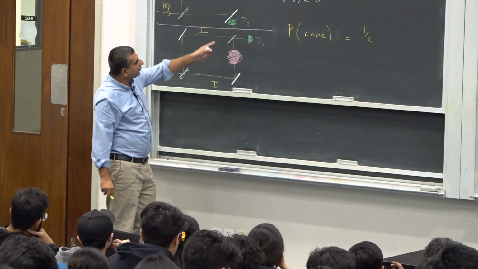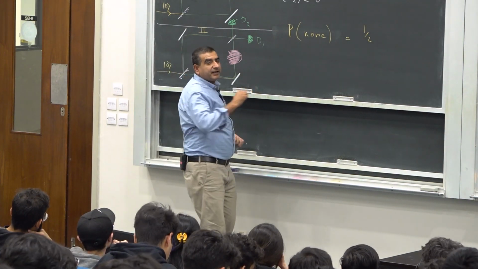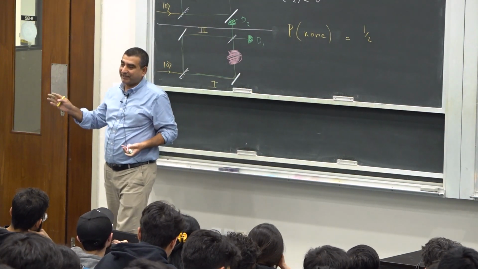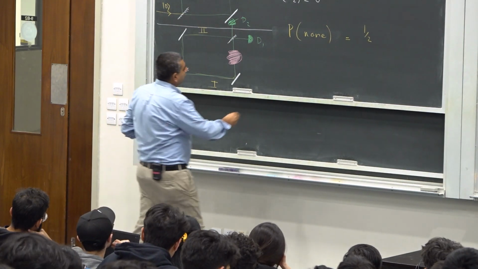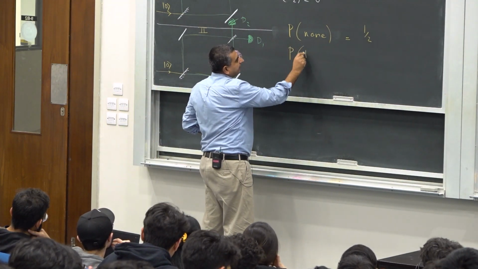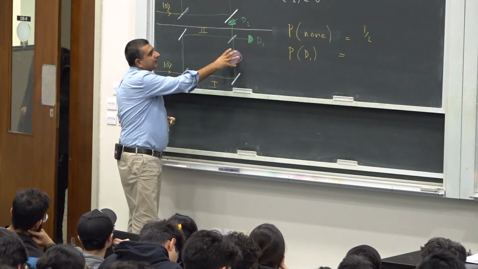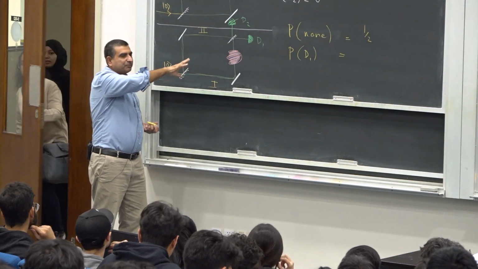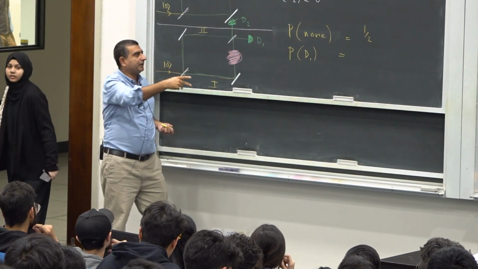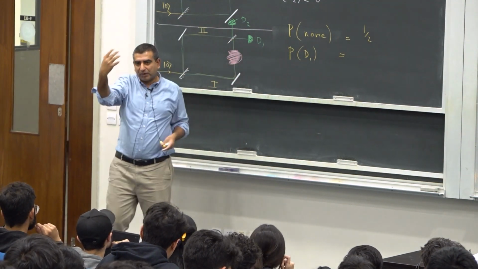The other two scenarios are that D1 clicks or D2 clicks. Remember, both of them cannot click at the same time because the photon is indestructible, it cannot be split. So the second possibility is that D1 clicks. Now since 1/2 is the probability that neither of the detectors clicks, the probability that a photon is eventually discovered on D1 or D2 is 1 minus 1/2. So it's 1/2.